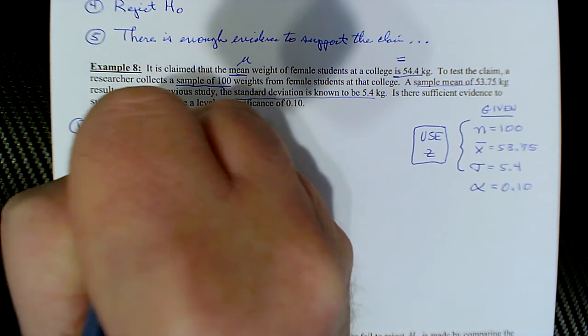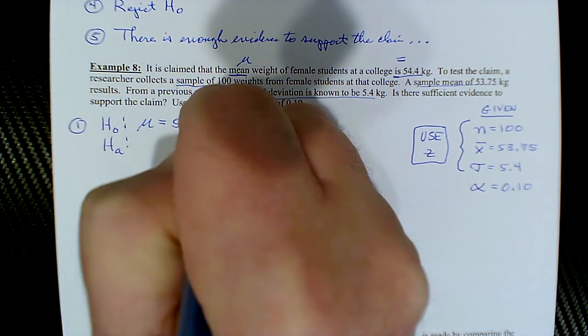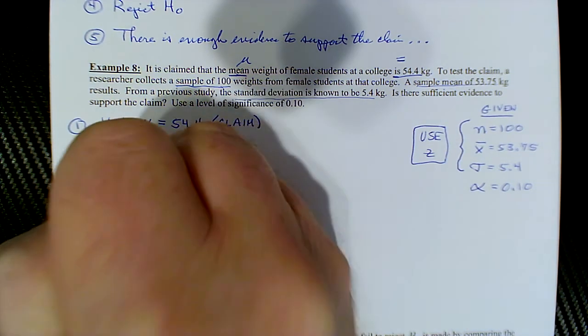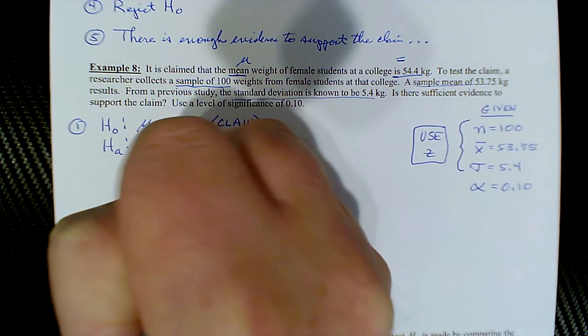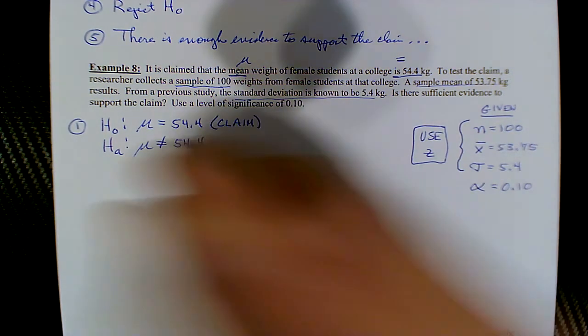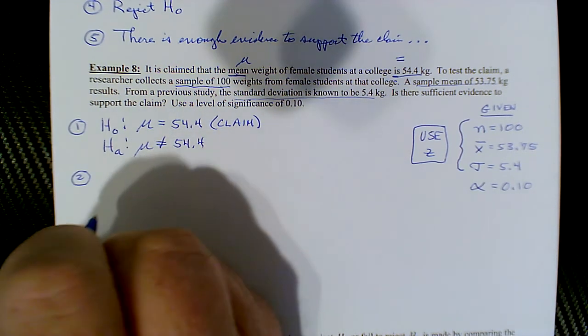Next up, the critical value. So we draw our distribution. And because the inequality in HA is not equal to, it's a two-tailed test.